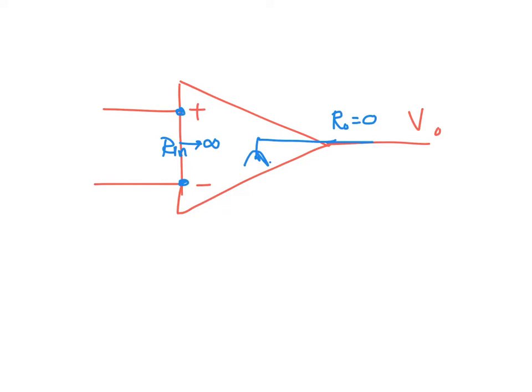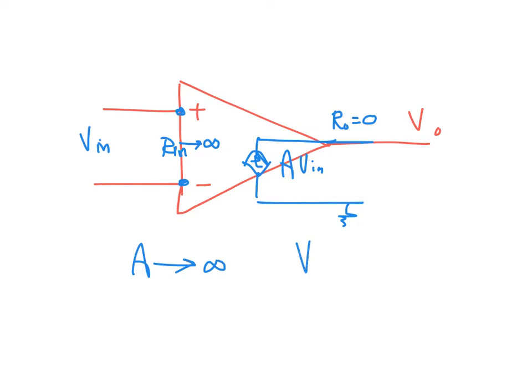If we also consider the voltage controlled voltage source, A times Vn, this A goes to infinity, and we have this Vn, the difference between V plus and V minus. If A goes to infinity, then Vn has to go to 0, so this means V plus minus V minus, this difference, has to be 0.